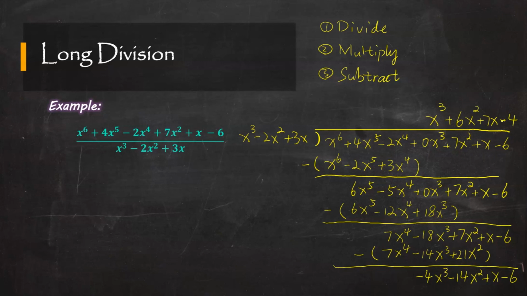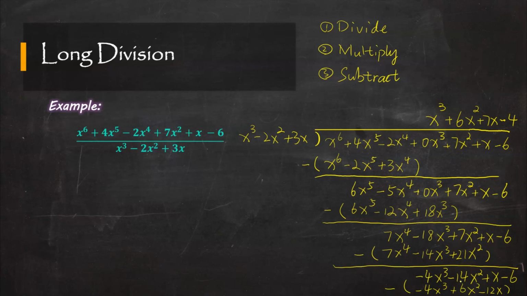And this is negative 4x cubed plus 6x squared minus 12x. And then we'll subtract that from the previous polynomial. So the first term is always 0.